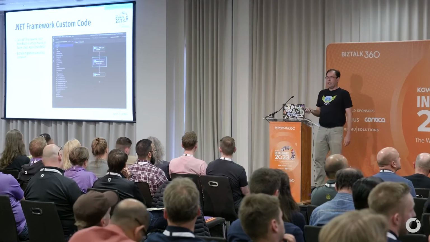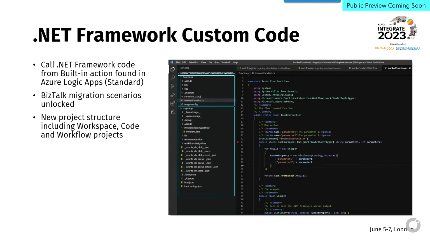With that, the project structure is going to be expanded to a workspace. So it's a bit more like a solution where you're going to have your function folder, and your logic apps folder, and from there you're able to create those items.